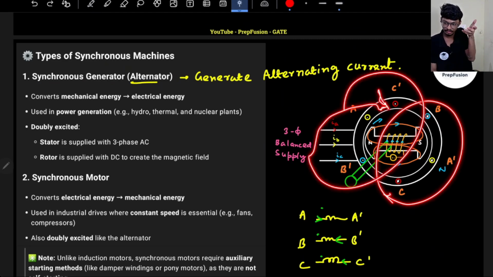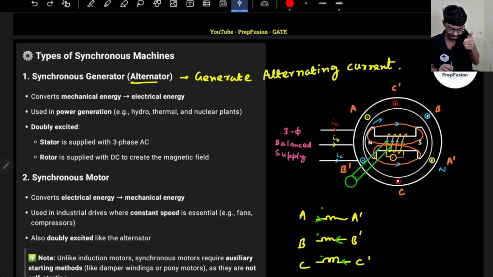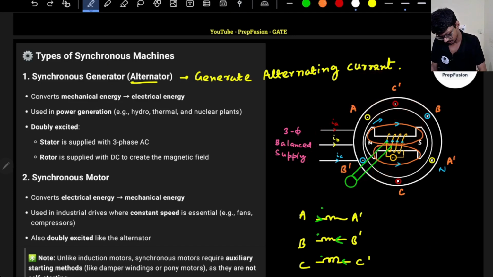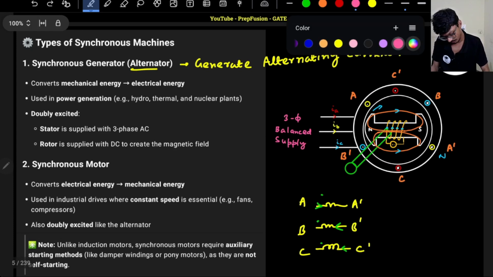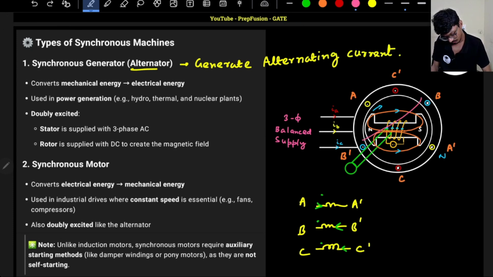So basically, if I curl my fingers, I see a magnetic field is getting generated along this direction. Okay, magnetic field is getting generated along this direction.